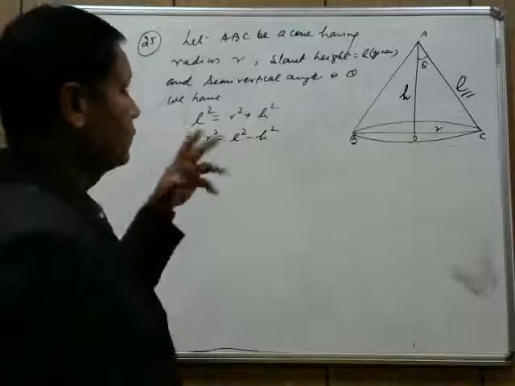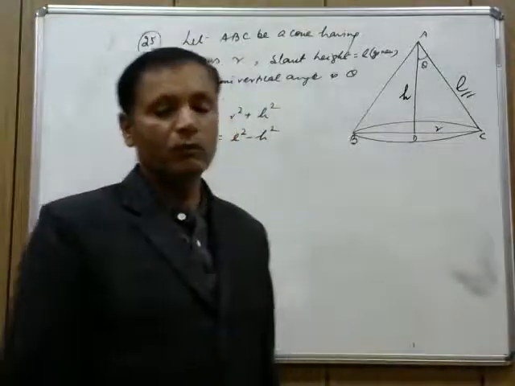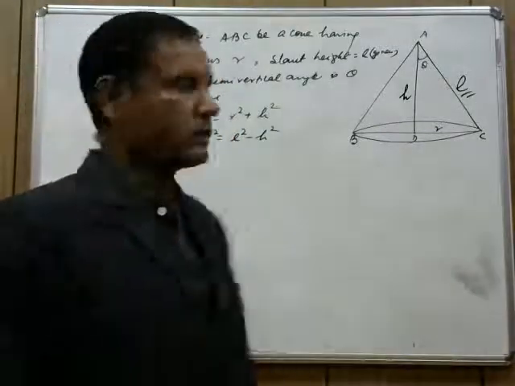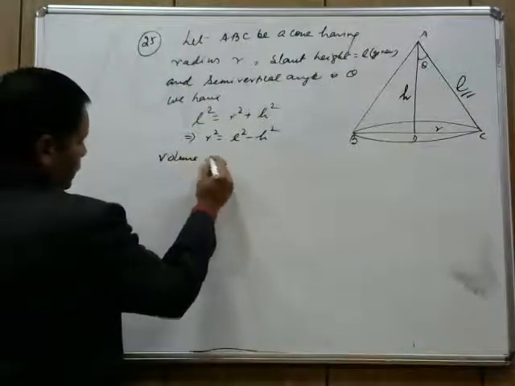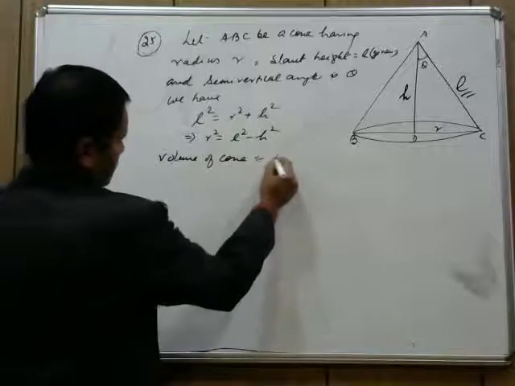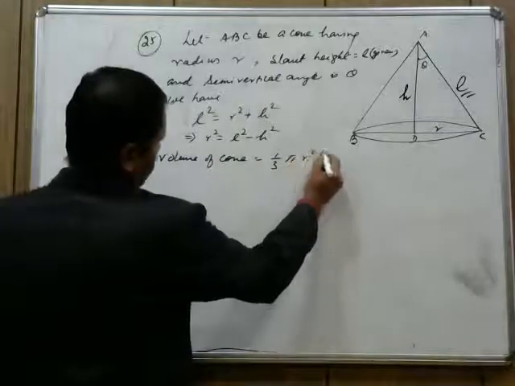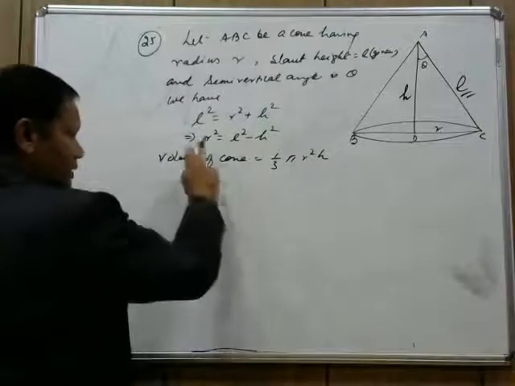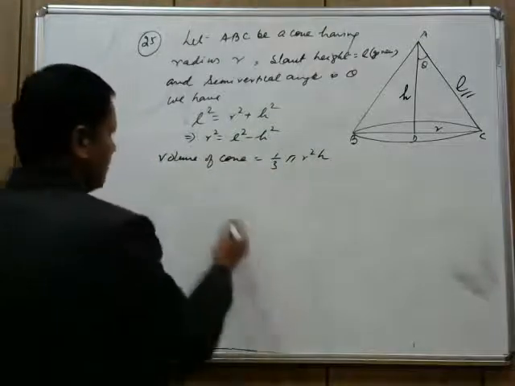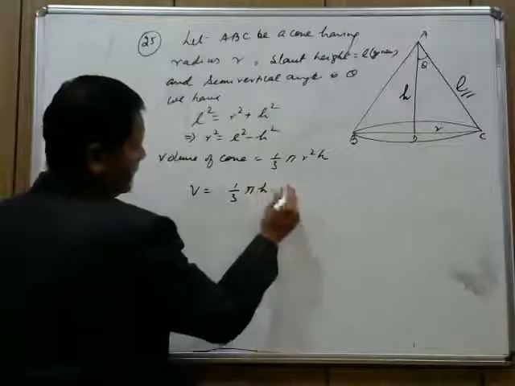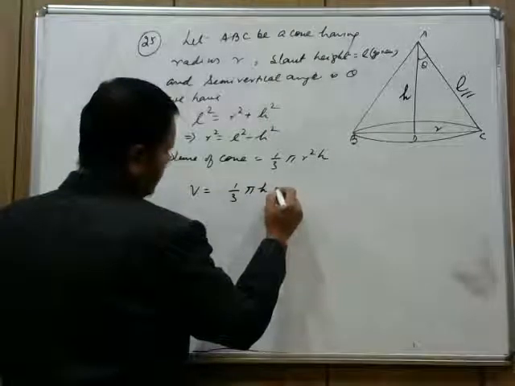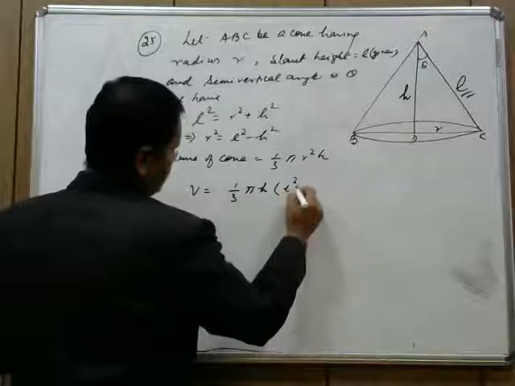That is the maximum volume, the volume of the cone. The volume of the cone is what? We know that the volume of the cone is equal to 1 by 3 pi R square H. R square is equal to L square minus H square. Can I write now V is equal to 1 by 3 pi H, and in place of R square I will write L square minus H square?